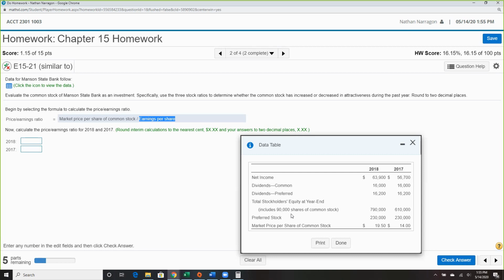First thing, I want to see basically the price per share, because I'm thinking that 90,000 shares of common stock only affects 2018, the most recent year, because that's usually how data works. As you can see, there's a difference between the two.